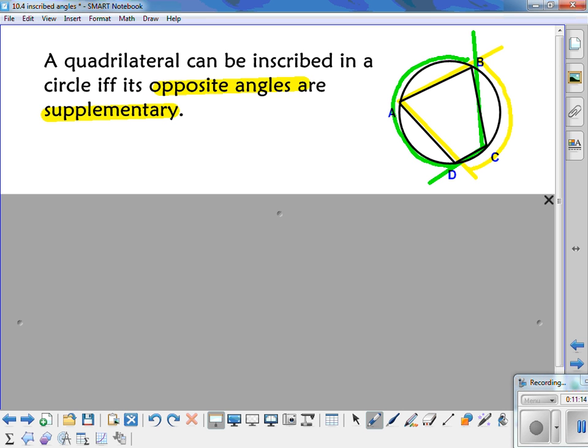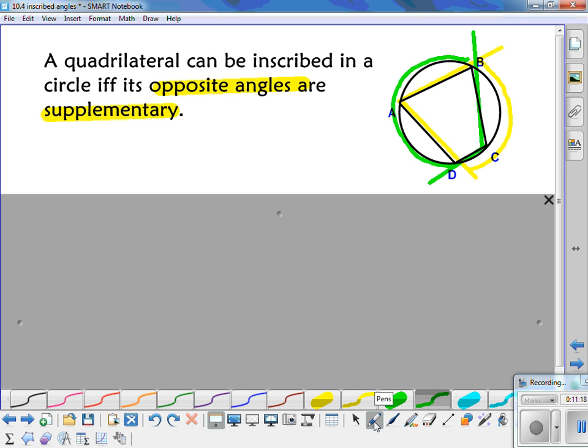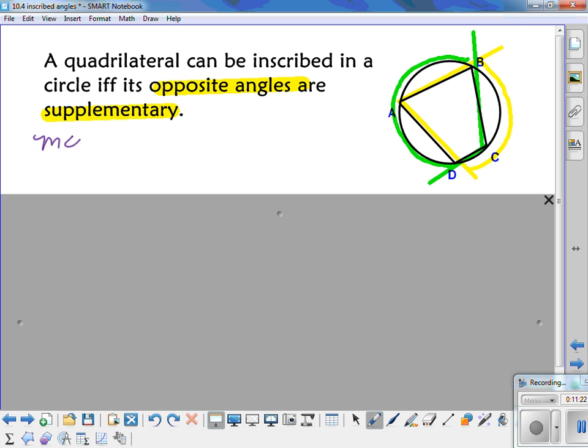And if the whole circle is 360, then half of that is 180, so they are supplementary. So in this figure, the measure of angle A plus the measure of angle C would equal 180, and it's also true for angle B and angle D.